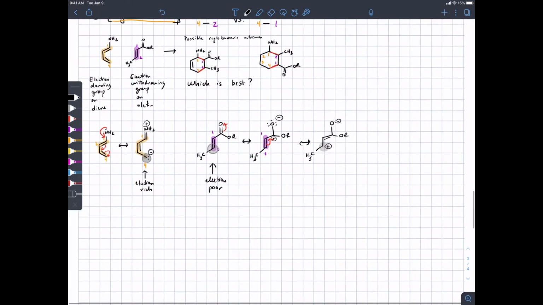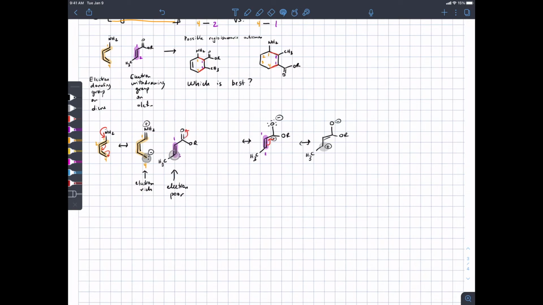Now, do you see how this maybe makes one of these regioisomeric outcomes better than the other? The best regioisomeric outcome comes from approach of the olefin towards the diene such that the electron-rich carbon on the diene, carbon 1 or 4, in this case 4, lines up with the electron-poor carbon on the olefin, in this case purple carbon 2.